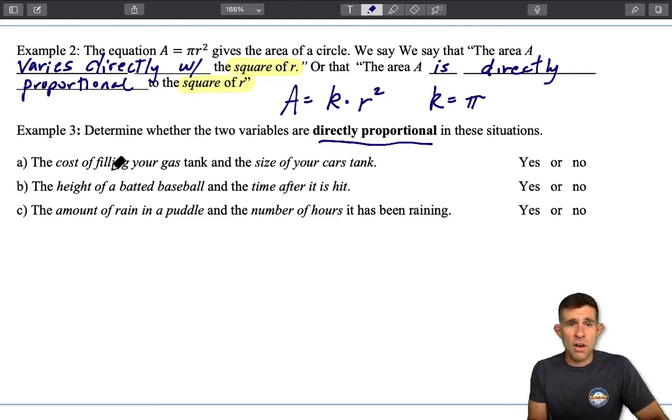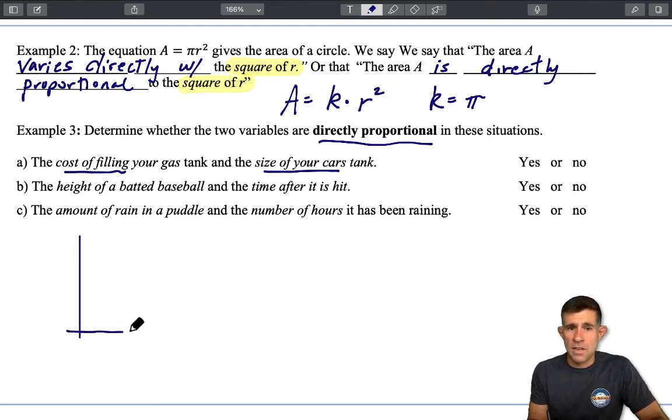So here we have the cost of filling your gas tank and the size of your car's tank. So think about how these variables might relate to each other, and you can often think about them on an XY axis. And typically we're going to list our dependent variable first, so the cost versus the size of the tank in the car.